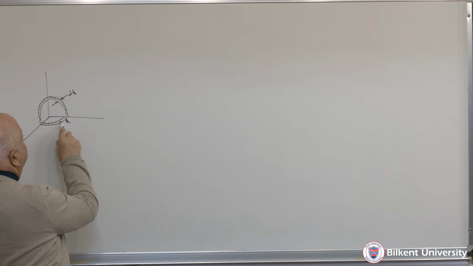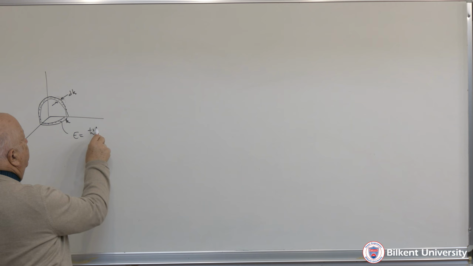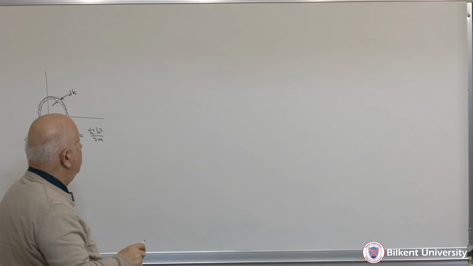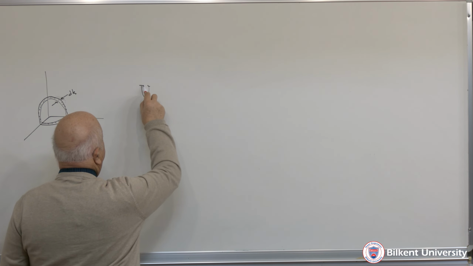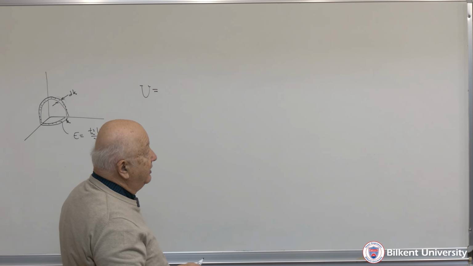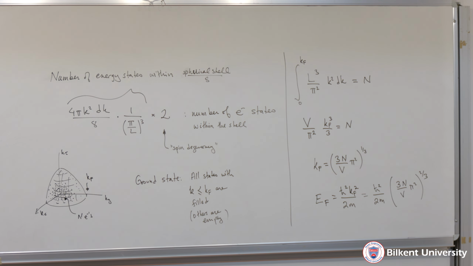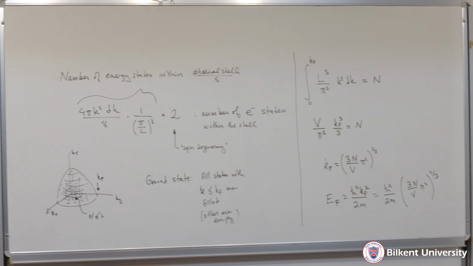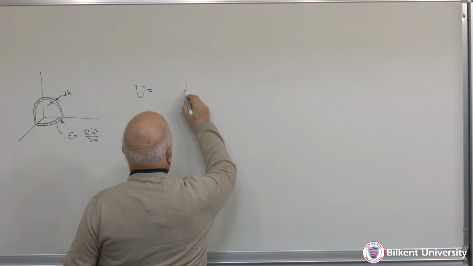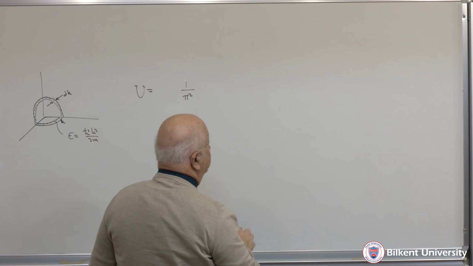Inside this shell, the energy of the particle is h bar squared k squared over 2m. So I'm just going to add them up. So the internal energy is going to be equal to the number of points that I have in that interval, which is given right there. So let's just put that down. So that's going to be what? 1 over pi squared. There's a volume factor, right?